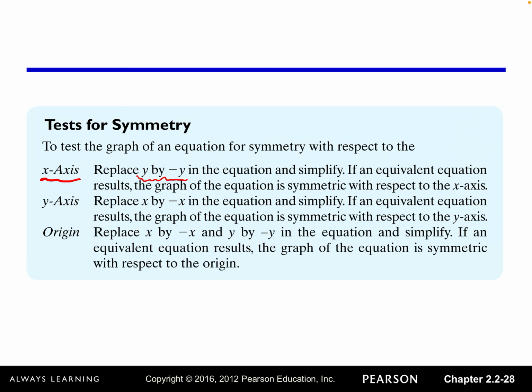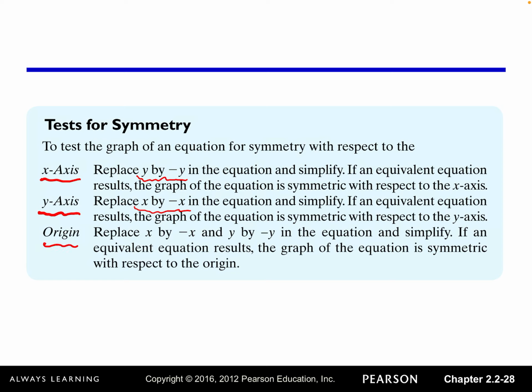Very similarly, to test whether the graph of an equation is symmetric with respect to the y-axis or not, you simply replace x by its negative, plug into the equation, and simplify. If the resulting equation is equivalent, then we say the equation is symmetric with respect to the y-axis.